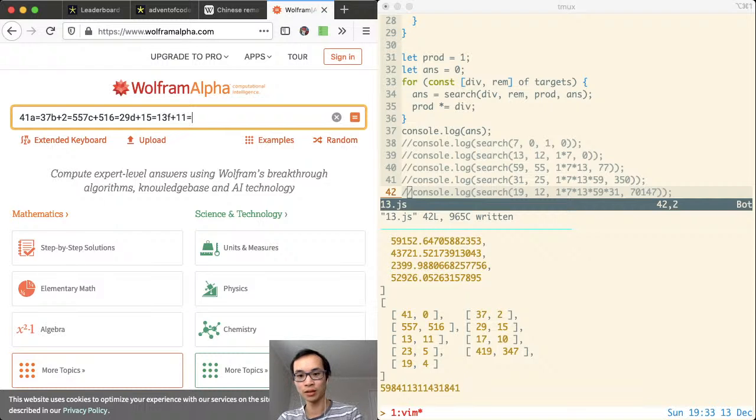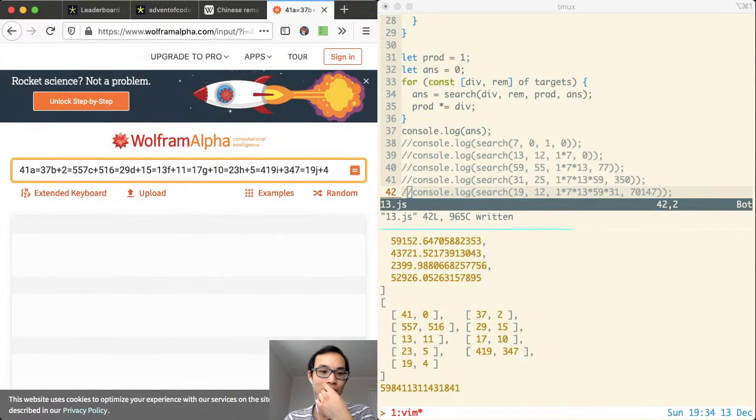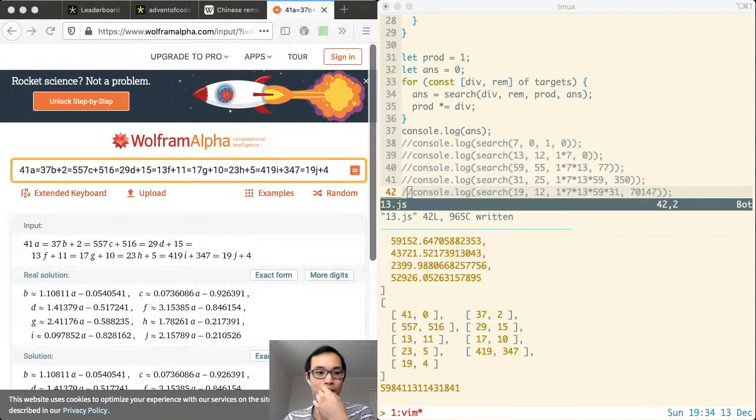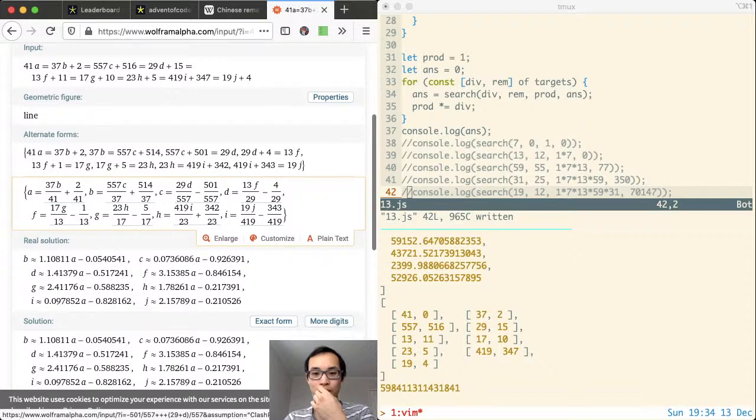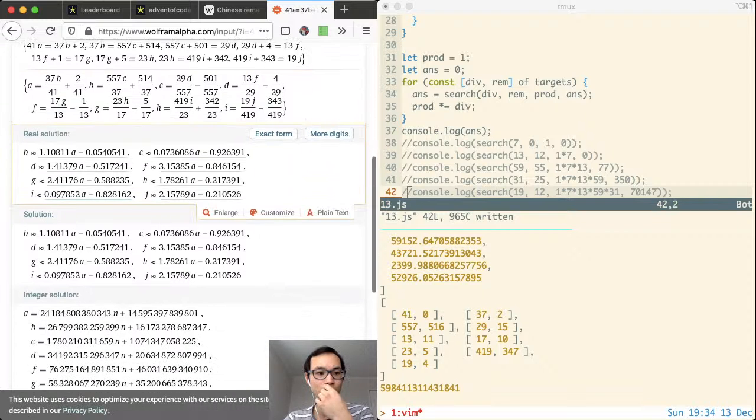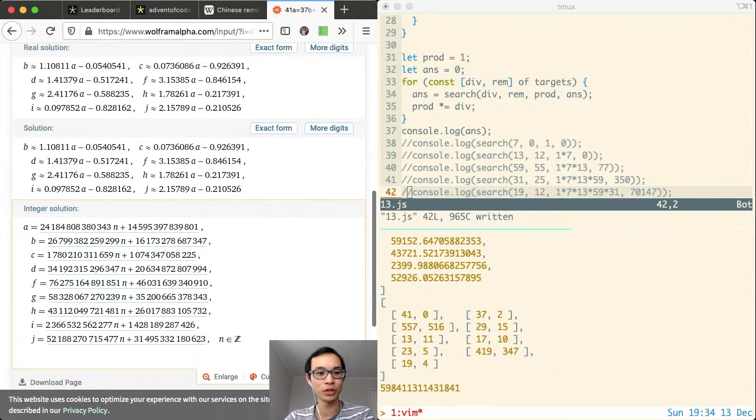I'm skipping e again. 17g plus 10 equals 23h plus 5 equals 419i plus 347 equals 19j plus 4. Well, it gave me an instant solution here anyway.